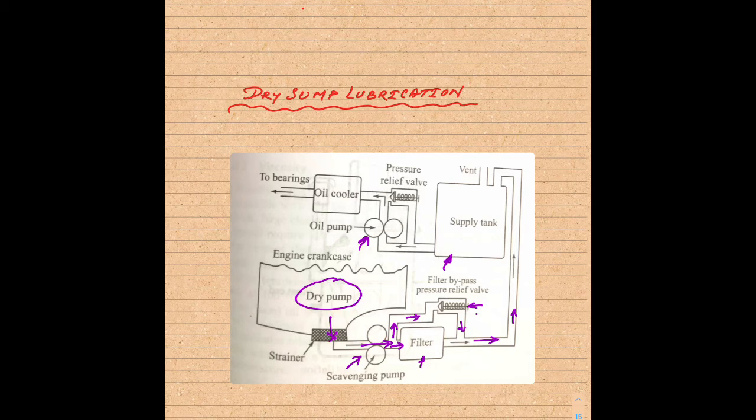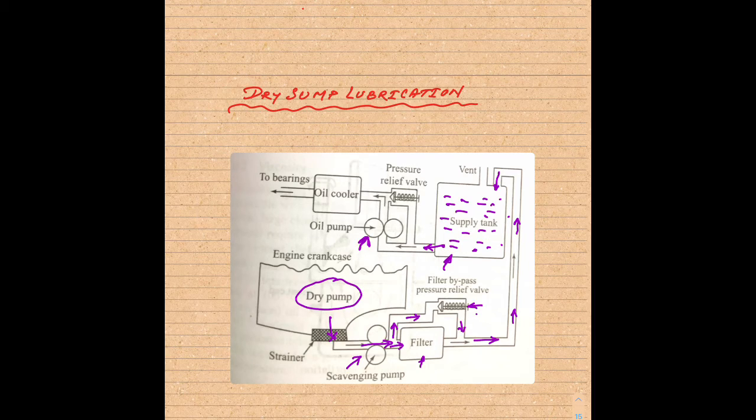So this way the oil from the engine is scavenged by this scavenging pump. It is fed to the supply tank. The supply tank is a storage of lubricating oil. It is placed outside the engine. That is why it is known as the dry sump lubrication system. This is an oil pump which will extract oil from the supply tank.